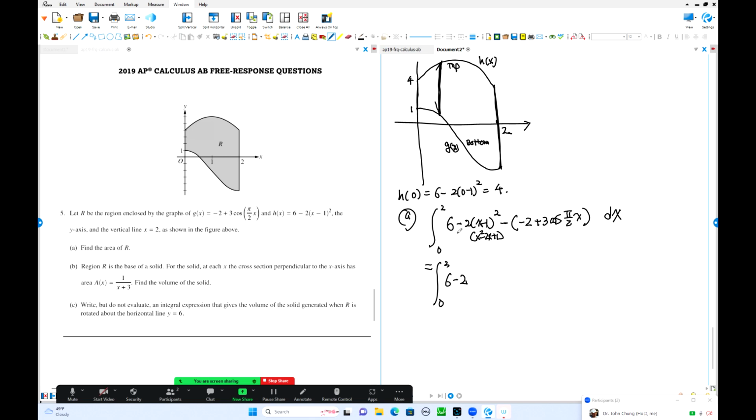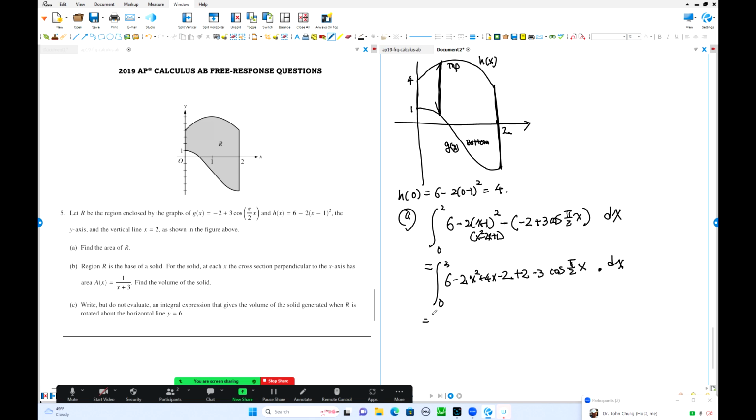So, 6 minus 2 times x squared, 2 times negative 2 is 4x, and minus 2, and the minus negative 2 is plus 2 again, and the minus again, cosine of pi over 2 x, dx.